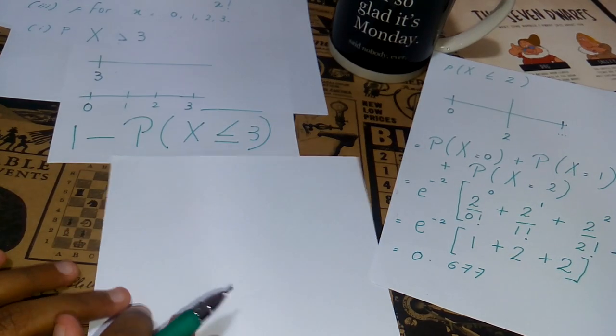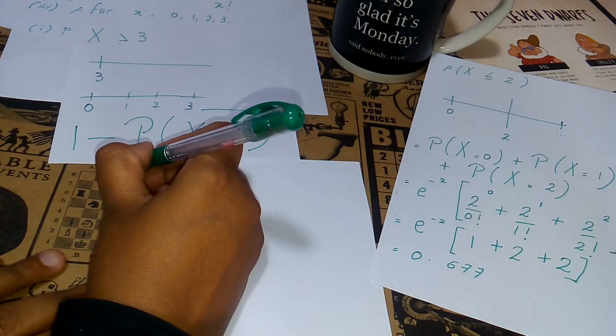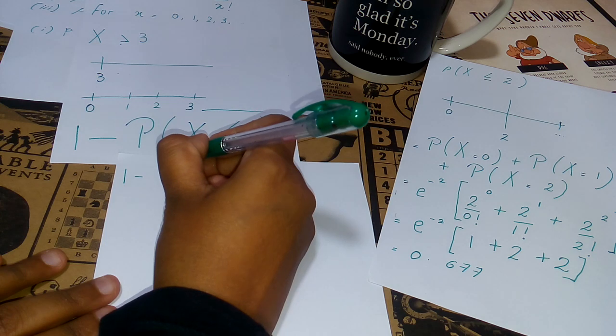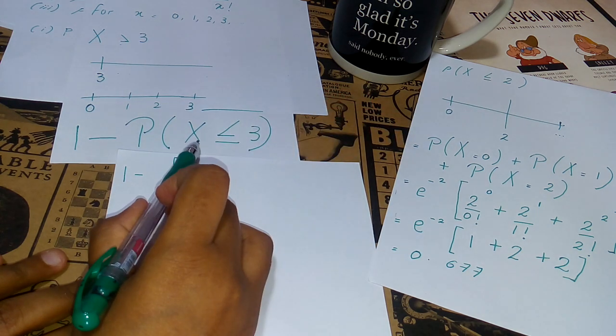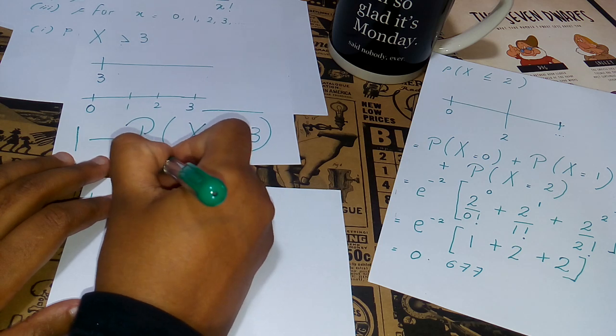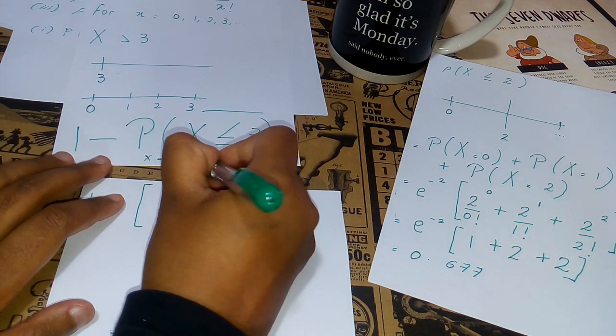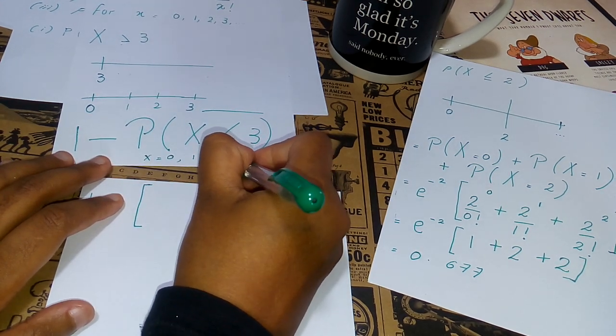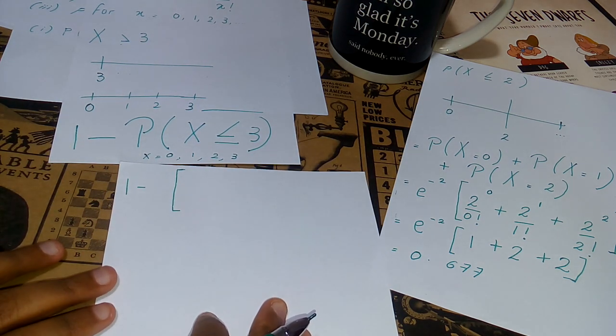We have 1 minus, and again we include X equal to 0, 1, 2, 3.